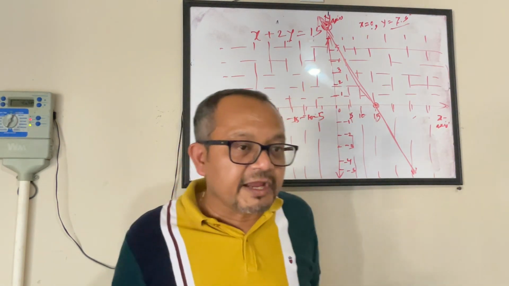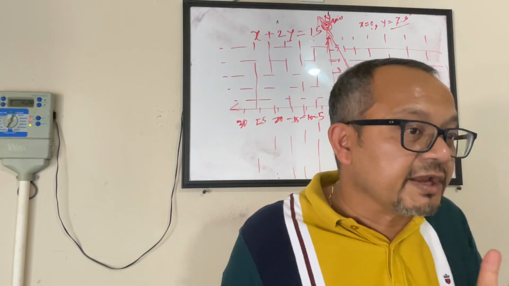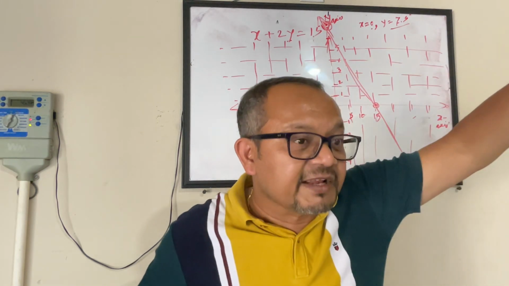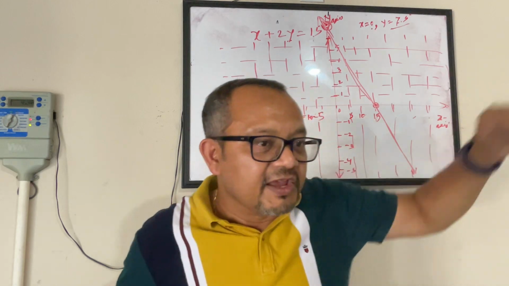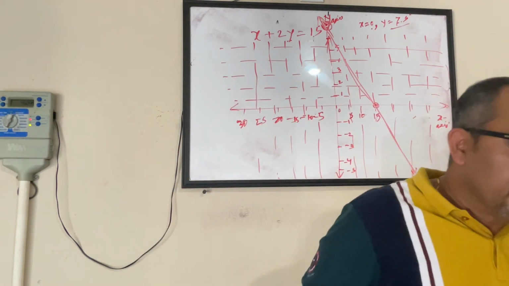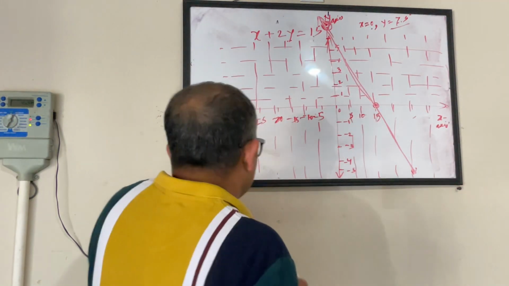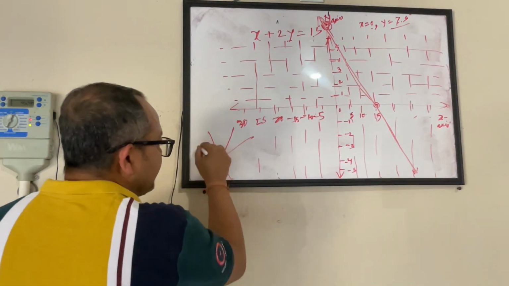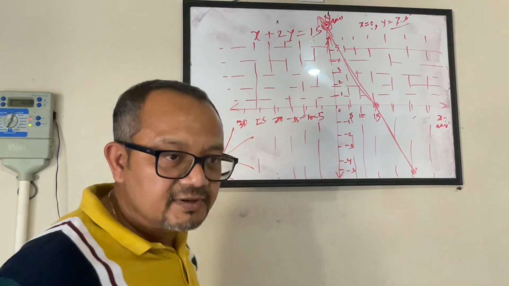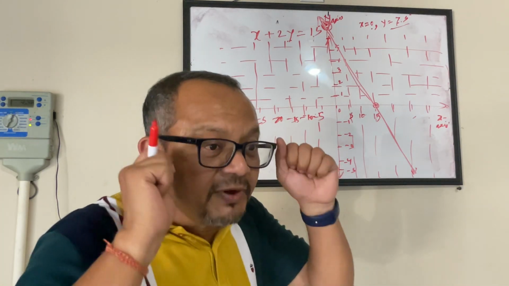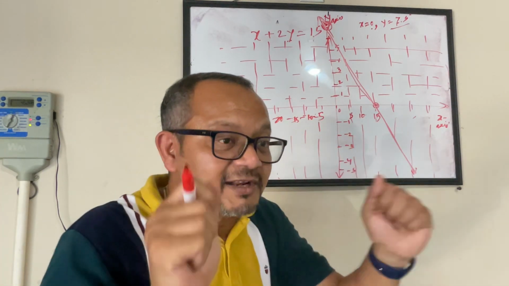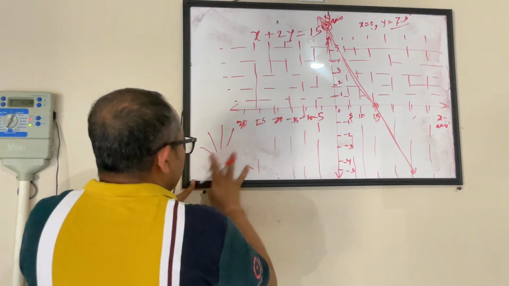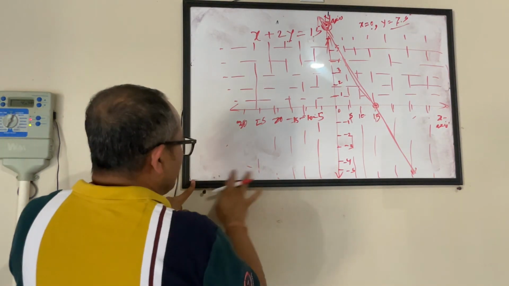Now, how do you draw a line? What do you need for drawing a line? You need at least 2 points, which you will connect and then extend, right? If you have to draw a line or line segment, what is the minimum that you need? If you just have a point, you can have n number of lines that cross that point. If you have to form a right line, you need 2 points.